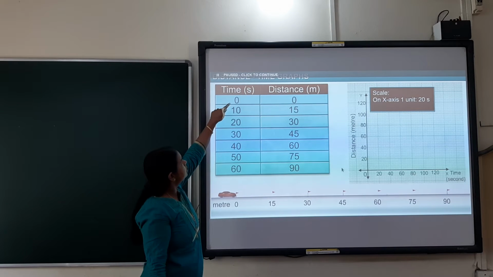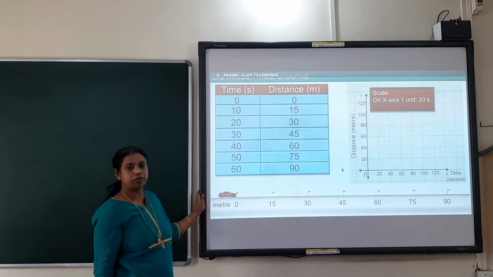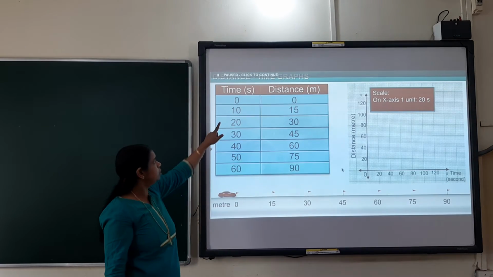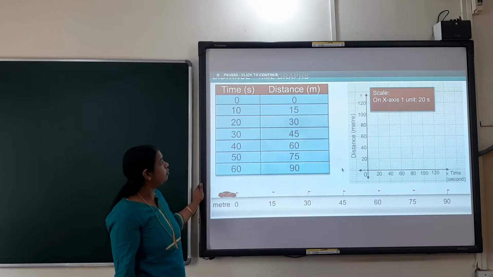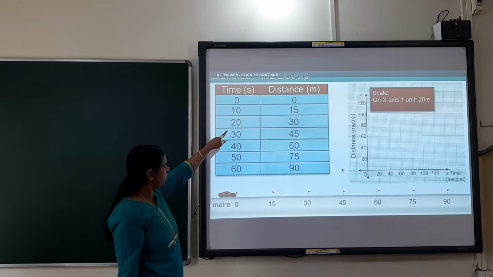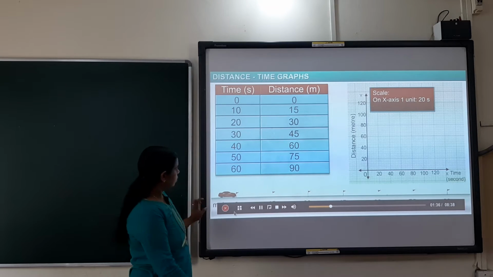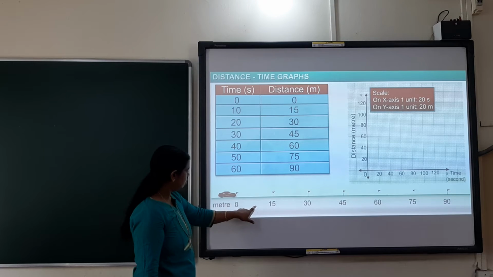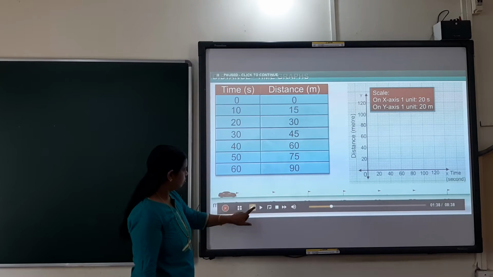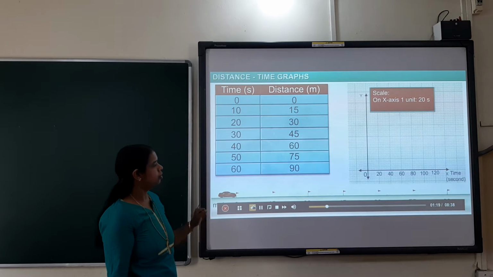You see here the time 0, then distance travelled is also what? 0, and the time is equal to 10 seconds. The distance travelled is equal to how much? 15 meter, and at time 20, the distance travelled is equal to 45.